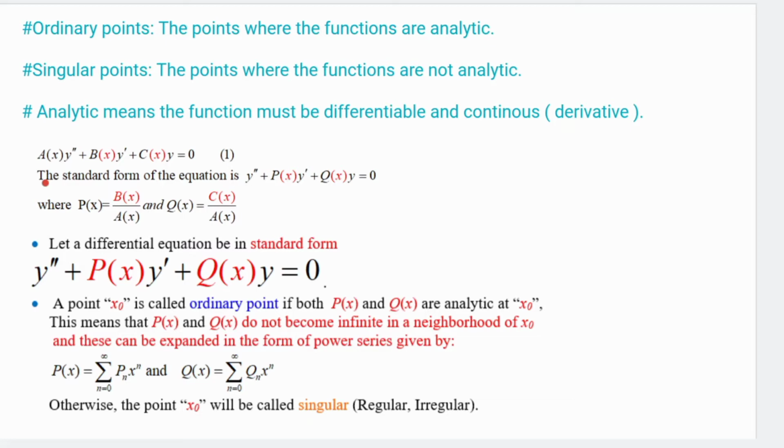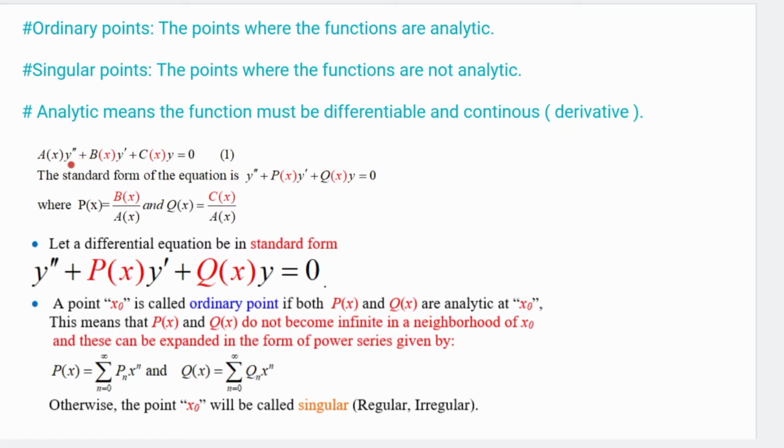So let us consider a general differential equation a(x) y double prime plus b(x) y prime plus c(x) y equal to 0. This is a second order linear ordinary differential equation.